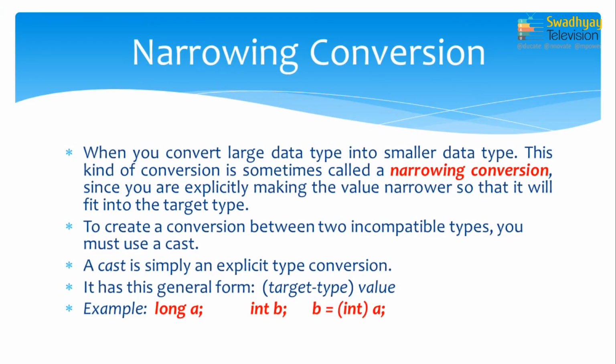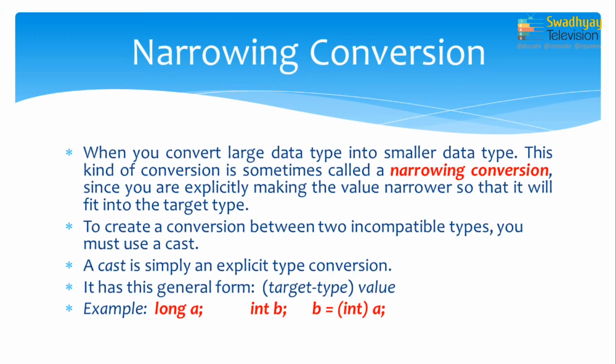Now, when you convert a large data type into a smaller data type, this kind of conversion is known as narrowing conversion, and to create this type of conversion between two incompatible types, you must use a cast. Now, what is a cast? A cast is simply an explicit type conversion. We take one example.